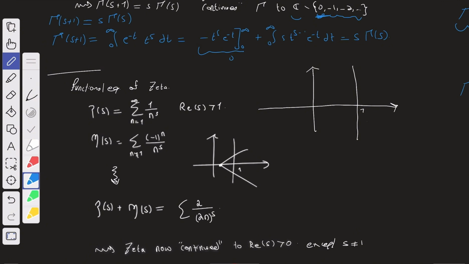So I remind you, the Dirichlet series with coefficients 1 defines the zeta function for the real part of s strictly bigger than 1, because by elementary calculus, this is just a p-series, and it's convergent for those real s that are strictly bigger than 1.